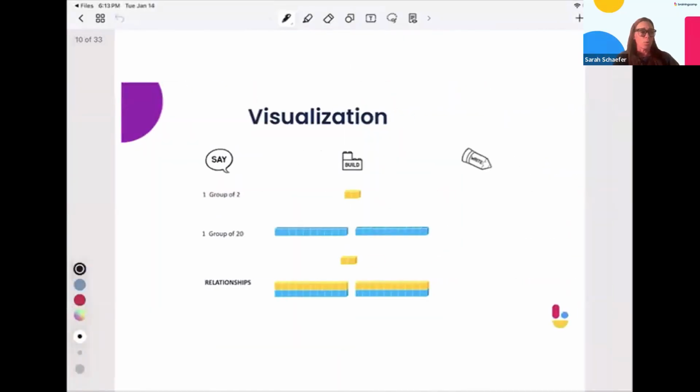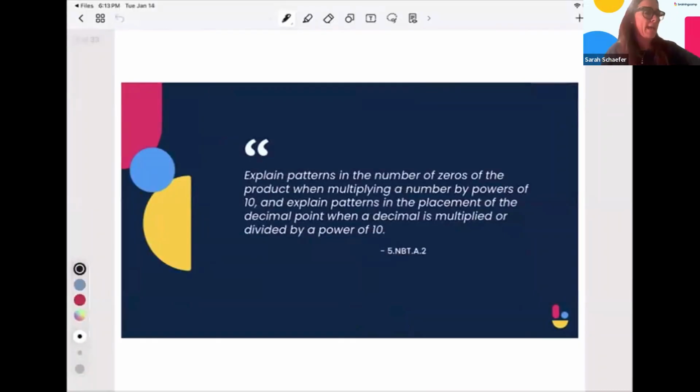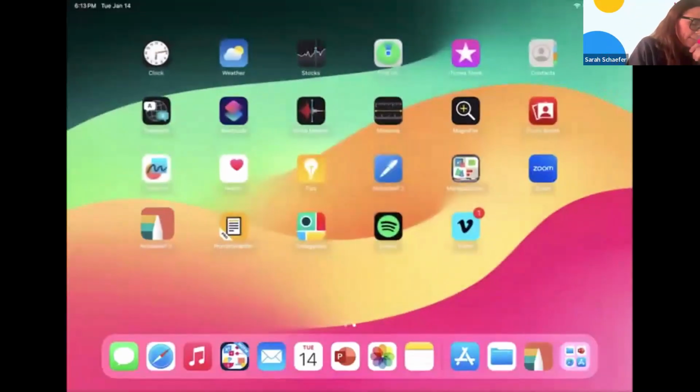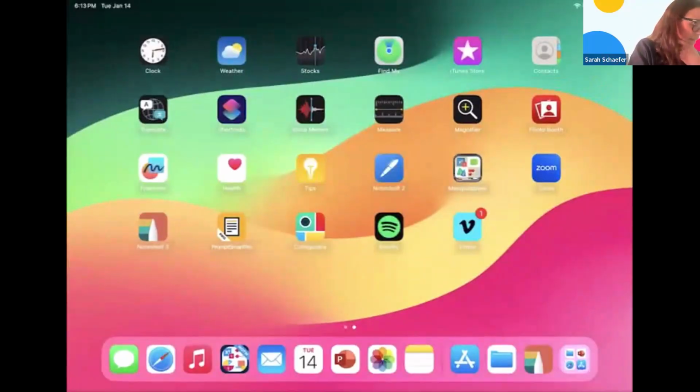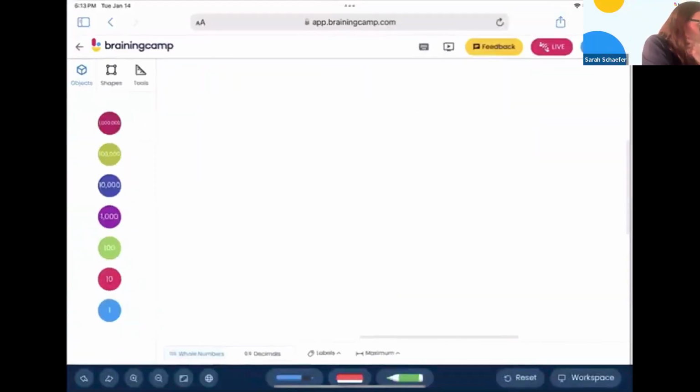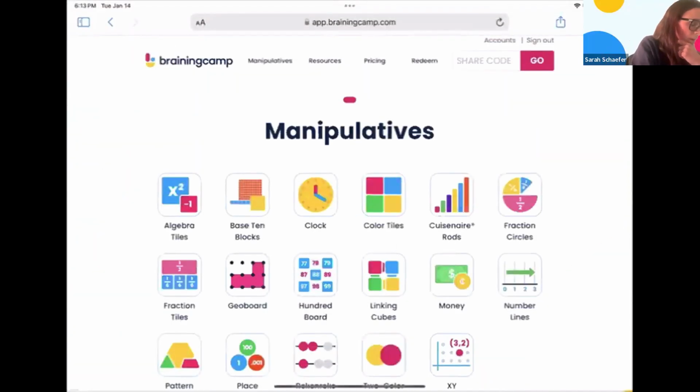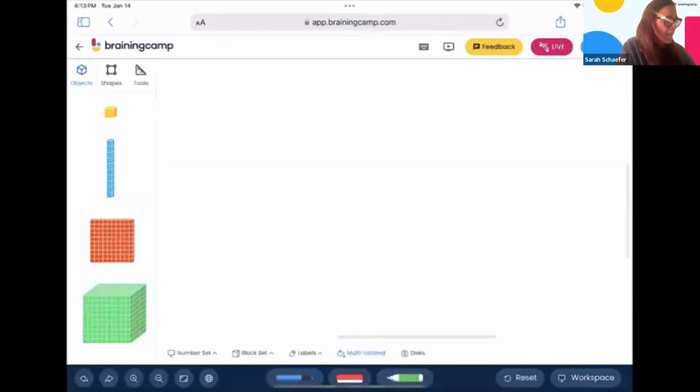All right, so I want you to go ahead and let's enter that first share code. And the task is this. I'm going to go ahead and pull up the base 10 blocks. And if I'm looking at relationships, I see in the chat there, we're talking about patterns.